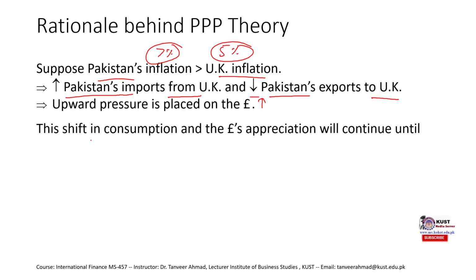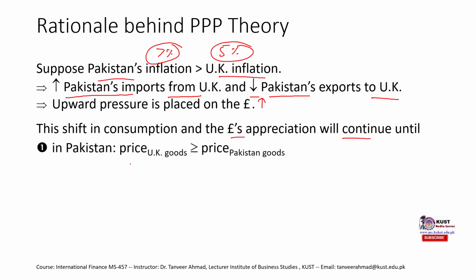And this shift in consumption and the pound's appreciation will continue. This process would happen until in Pakistan the price of the UK products is greater than or equal to the price of Pakistani products, right?